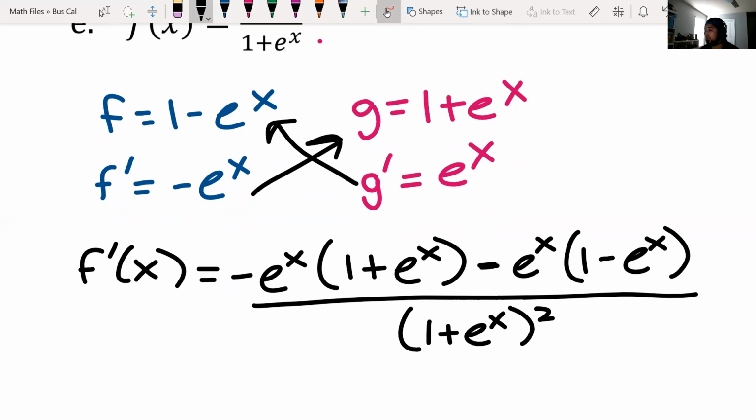Oh, look at all those letters. So derivative's done, quotient rule's done. Now let's clean up algebraically.